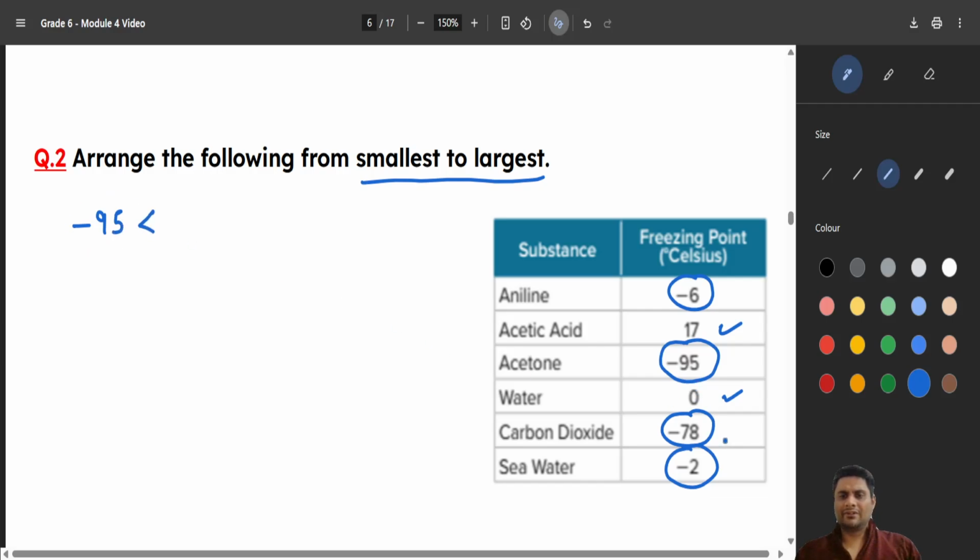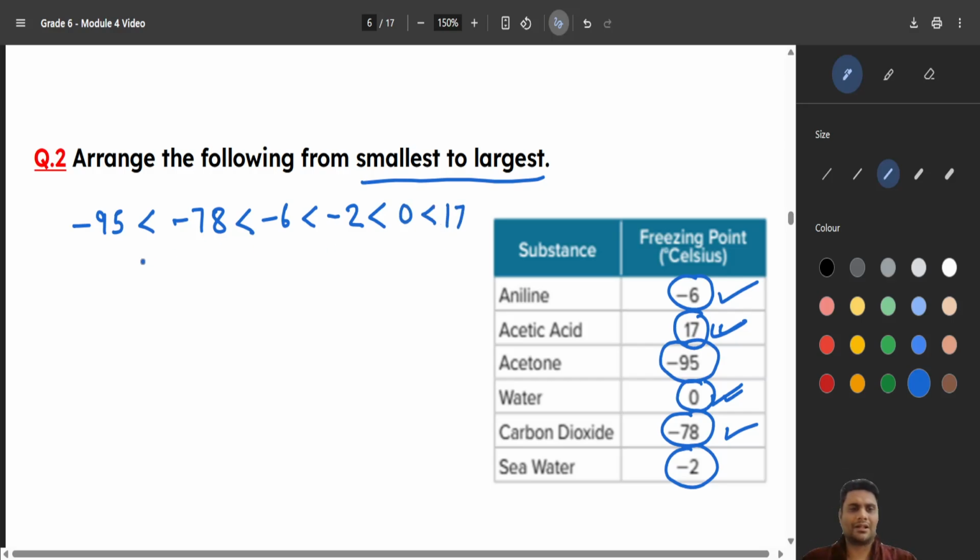Then after -95, -78. In negative numbers, smaller becomes bigger, bigger becomes smaller. Then -6, then -2, then we will have 0, because in positive numbers we know the smaller is smaller and the bigger is bigger. So first I will write 0, and then I will write 17 in the last. So this is from smallest to largest. Okay, least to greatest.